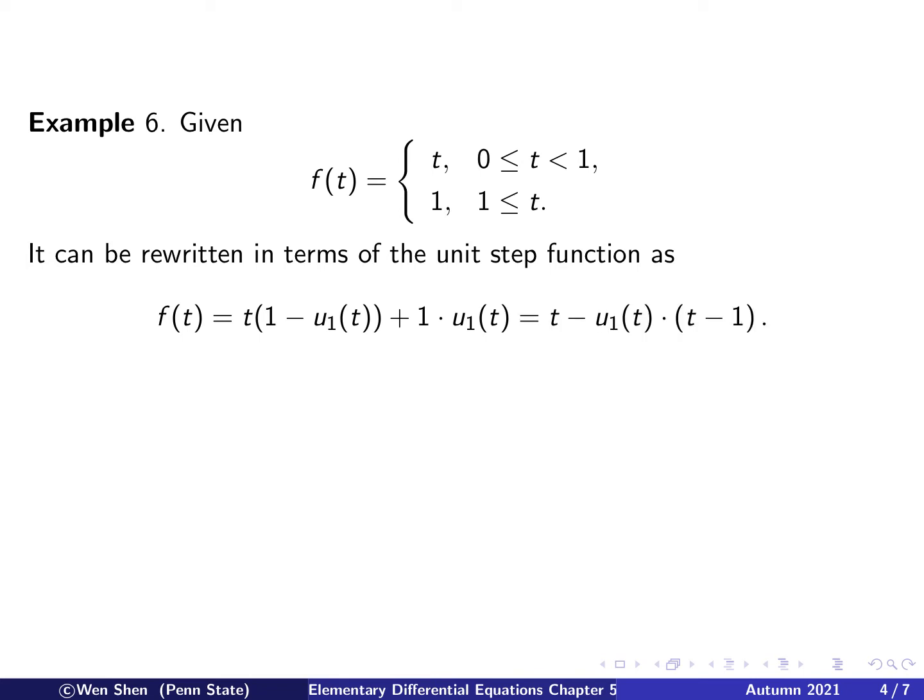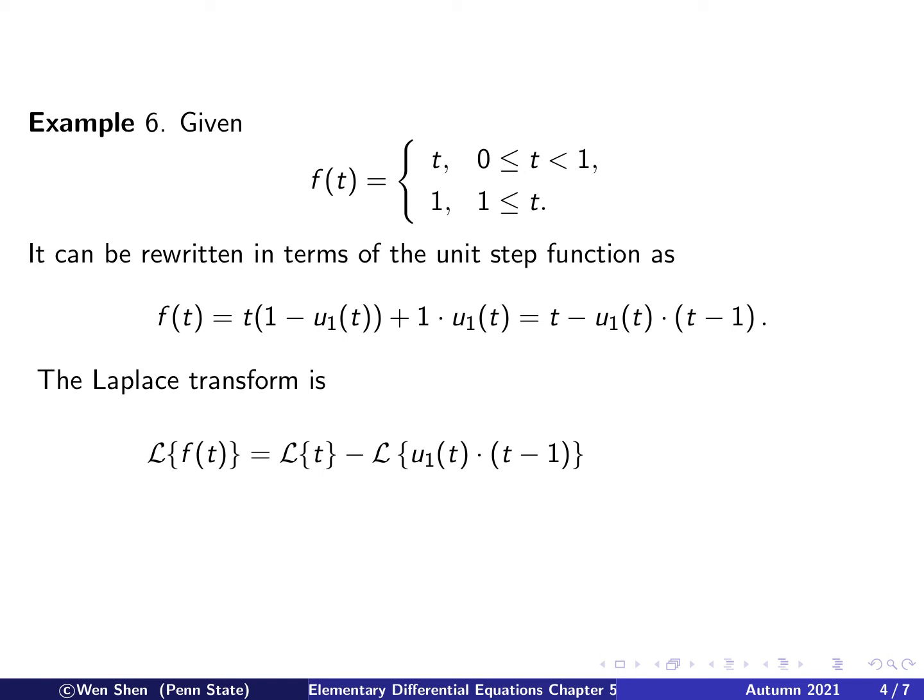We can also use the other way. We can think it's t here, and then you will get u1 of t times 1 minus t. So if I write t minus 1, I get a negative sign. And this can also be obtained directly from manipulating this here.